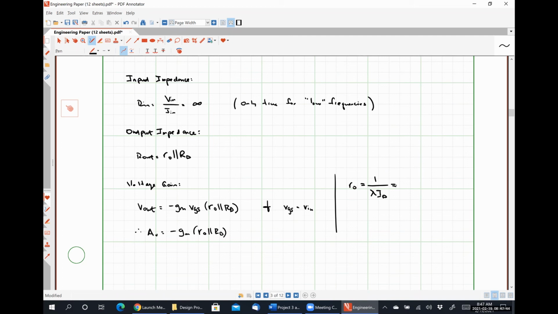So based on the size of the currents and the values for lambda that we've seen, this would be something along the order of 1 over 0.1 times something like 250 microamps or so. Could be a little bit smaller, could be a little bit larger. Somebody do the math here and tell me what value R naught will approximately have based on these assumptions of 0.1 for lambda and a drain current of around 250 microamps.